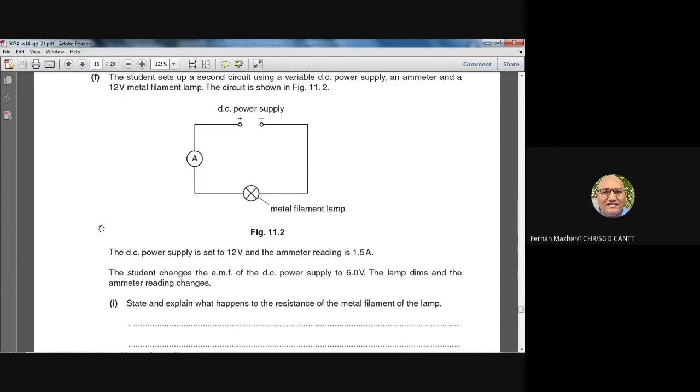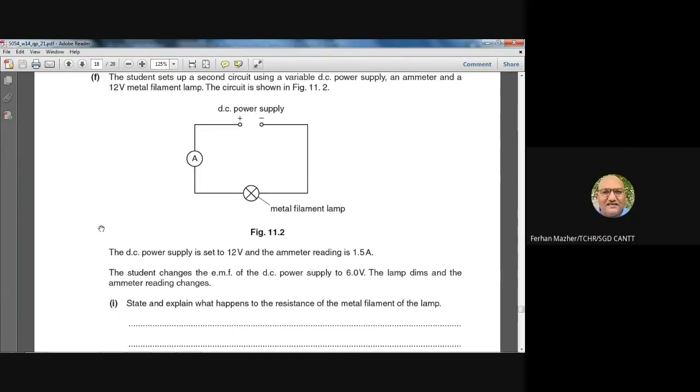The student changes the EMF of the DC power supply to 6 volt. The lamp dims and the ammeter reading changes. State and explain what happens to the resistance of the metal filament of the lamp. You see, when you reduce the voltage from 12 volt to 6 volt, the power dissipation or the power used by the lamp will reduce, it will become half.